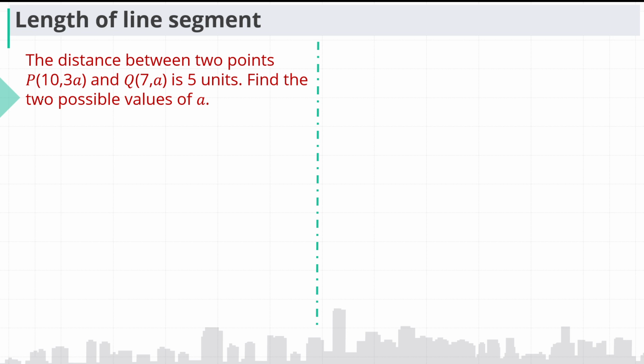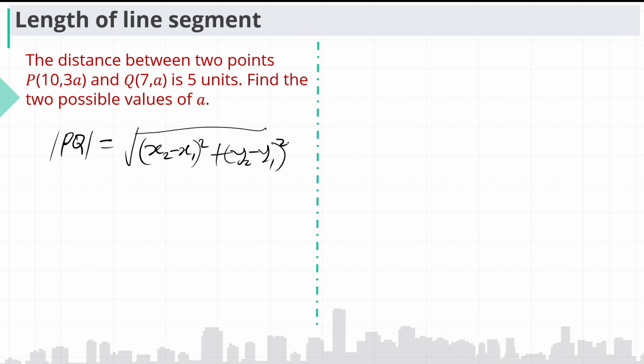The distance between 2 points P and Q is 5 units. Distance between P and Q is written as this, and we use the formula square root of S2 minus S1 all squared plus Y2 minus Y1 squared.